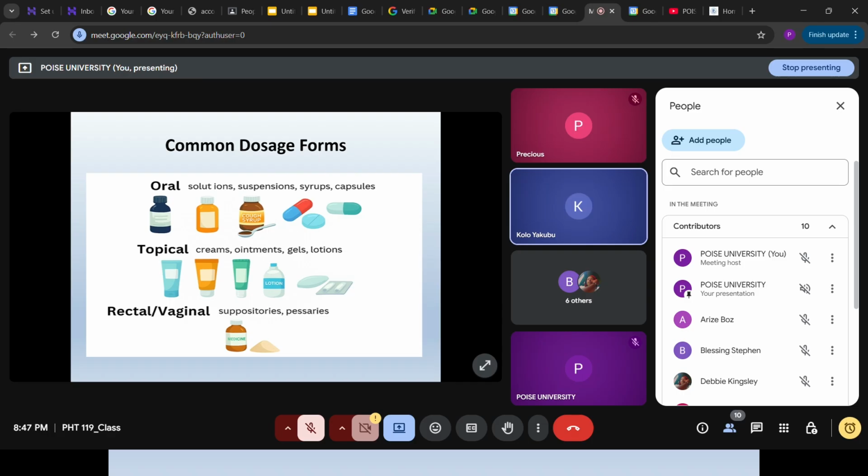Anyone? I mentioned a few principles, and I can say one and hope that we remember the others. I said consideration for patient values, preferences, and needs.